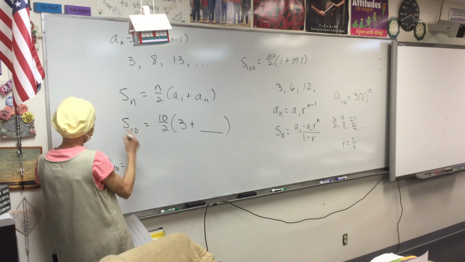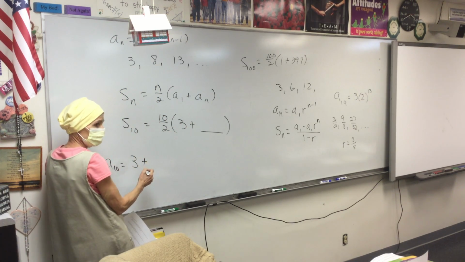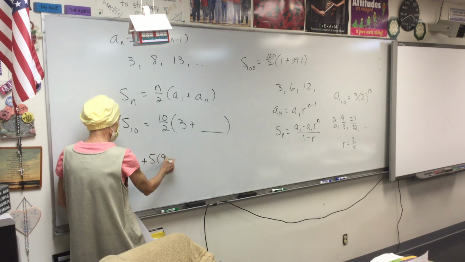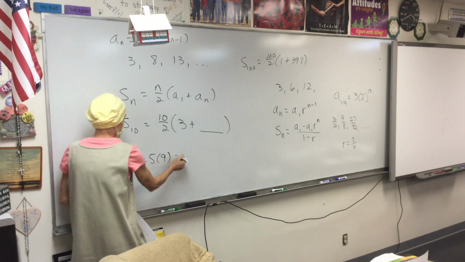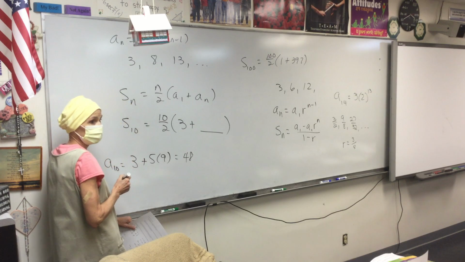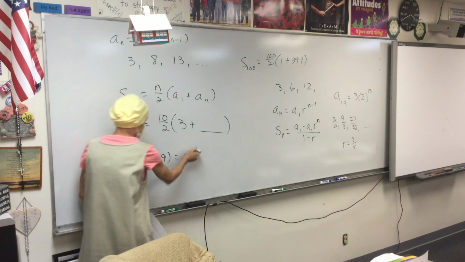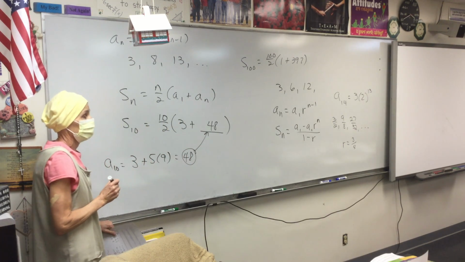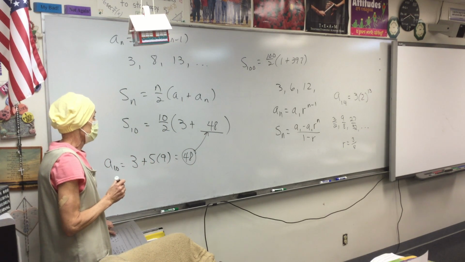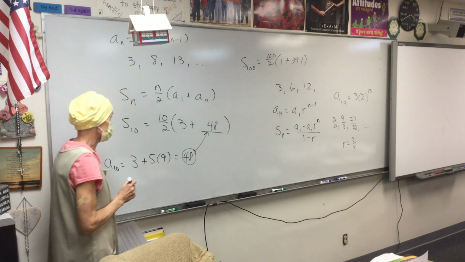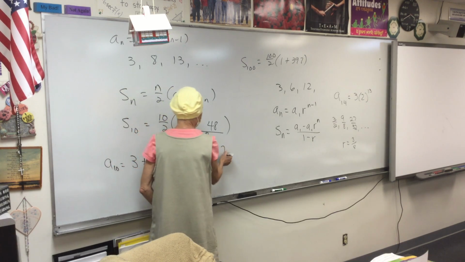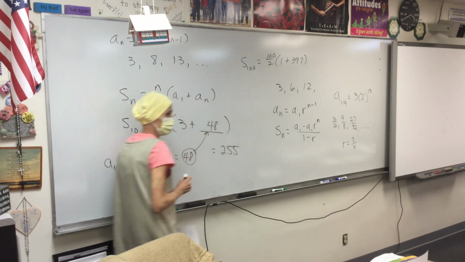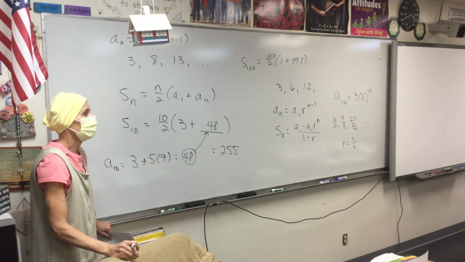So the 10th game will be 3 plus 5 times 9. So that's 48. That's the number that goes here. So I've got, is it 255? As the answer to the question.